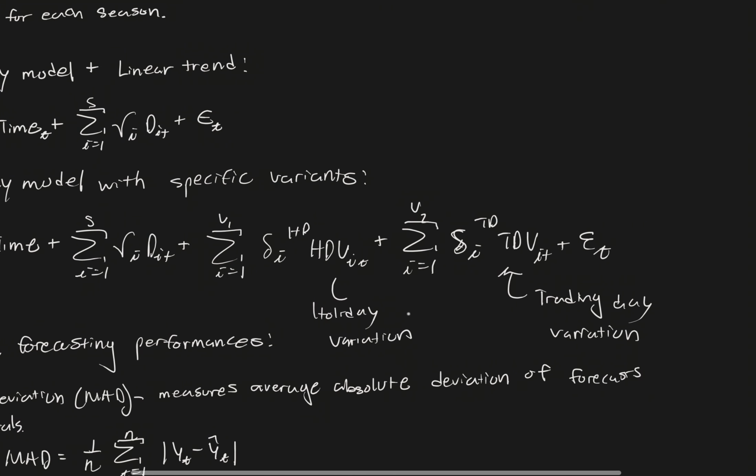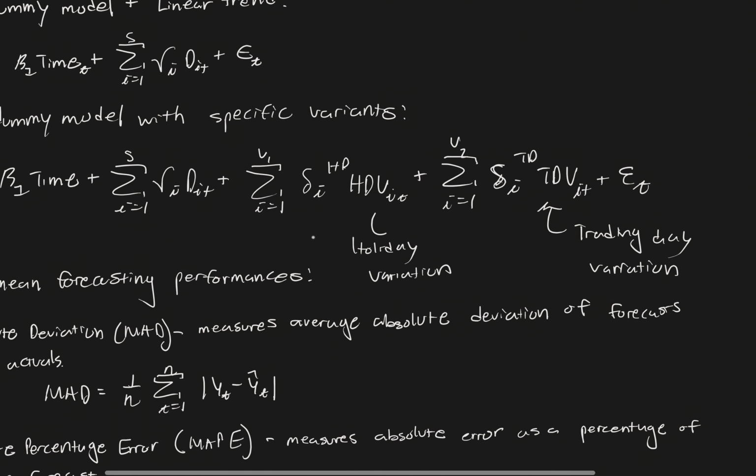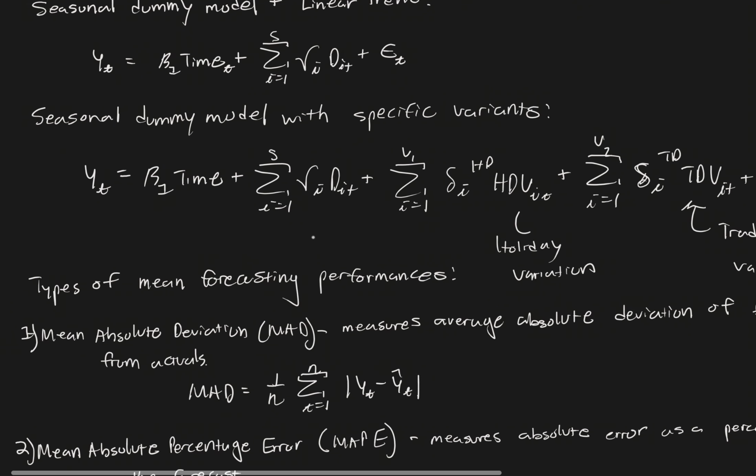All right, this is just another example of how we can expand our seasonality aspect. This is a holiday dummy variable, and this is a trading day variable. Holiday, like I said, maybe during Christmas, Valentine's Day, Halloween, whatever, these spending expenditures will be higher, and that's how we can distinguish it from our non-holidays.